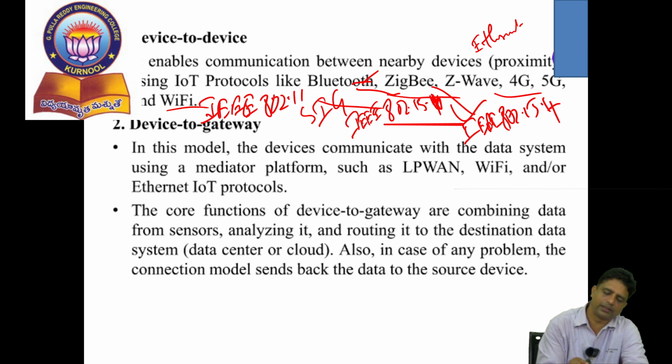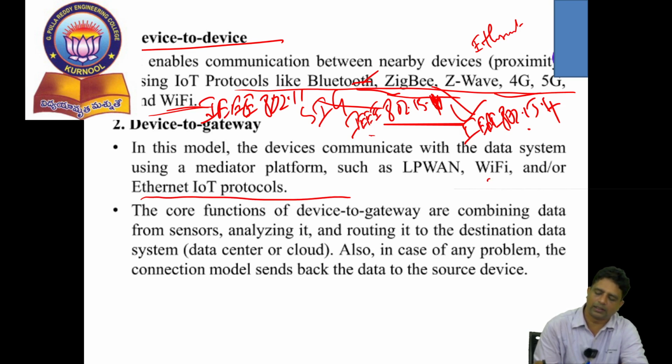Then if the information is between device to device, basic level wireless communication protocols could be used. This is from the router prior communication, like device to the gateway communication. When we increase our information exchange between device and router, the communication goes with Wi-Fi mostly, or LPWAN, or our general Ethernet connection.